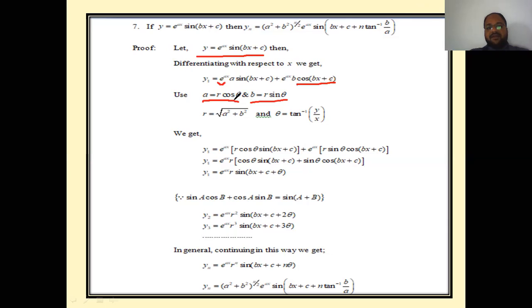If we try to find the value of theta, divide equation 2 by 1, so we simply get b by a is equal to r sine theta upon r cos theta. This r is the common term, it gets cancelled. Sine by cos is tan. Tan theta is equal to b by a, and when we find theta, we simply get theta is tan inverse of b by a. So that is why we use this substitution here.